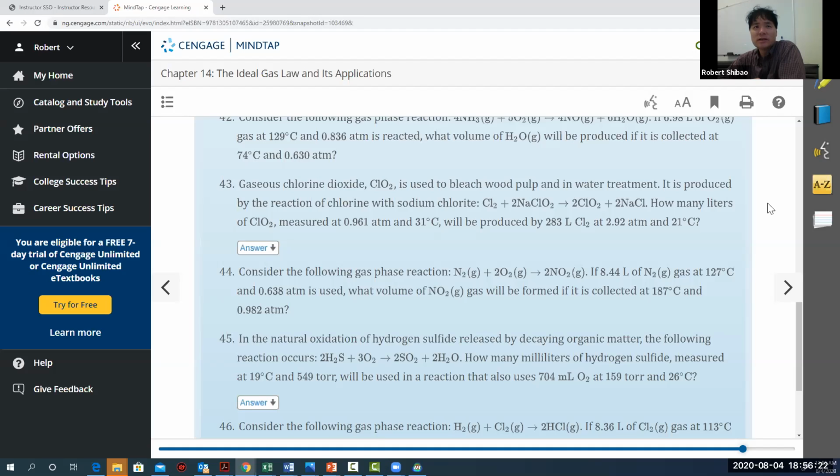How many liters of ClO2 measured at 0.961 atmospheres and 31 degrees C will be produced by 283 liters of Cl2 at 2.92 atmospheres and 21 degrees C? The Cargolici loves these kind of things. Normally chemists don't like to change the temperature and the pressure.